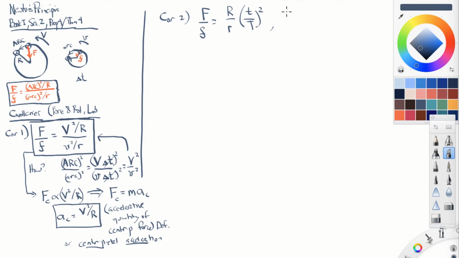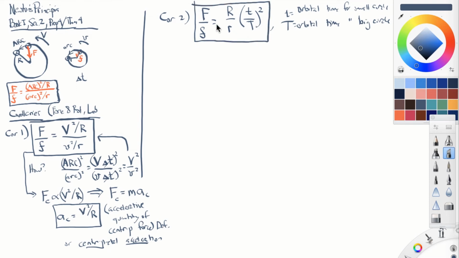Okay, so in this formula, little t equals orbital time, that is the time to go around the entire circle, orbital time for the small circle, or small orbit, and capital T is the orbital time for the big circle. So he's going to claim that you can write the ratio of the centripetal forces in this way as well.